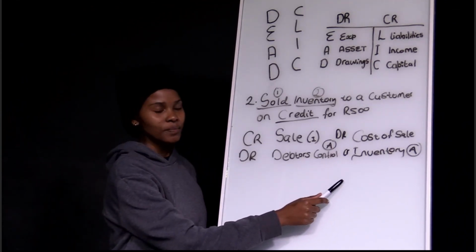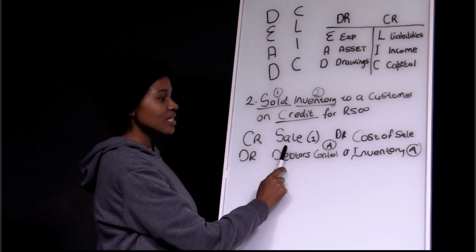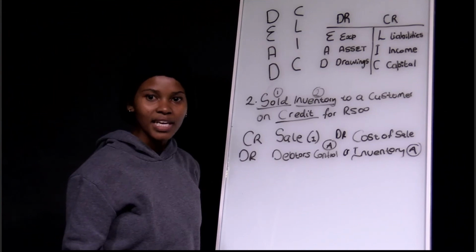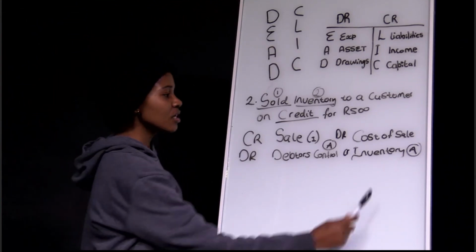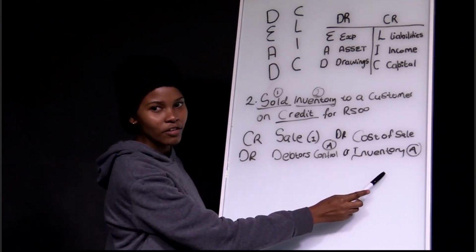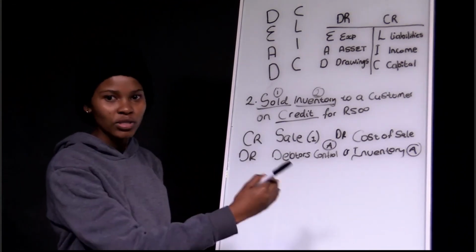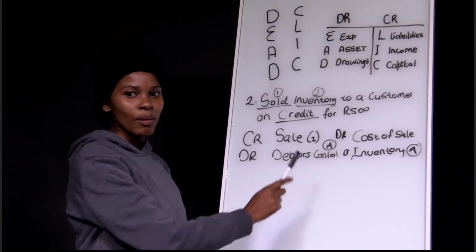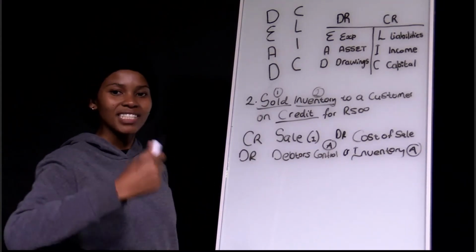Our debtors control. And then we recognize our sale with the cost of sale because remember we're using the perpetual system, right? If we're using the periodic system, we wouldn't recognize our cost of sale and inventory. But since we're using the perpetual system, we had to recognize our cost of sale with the sale. Right. Remember, in the perpetual system, we record continuously.